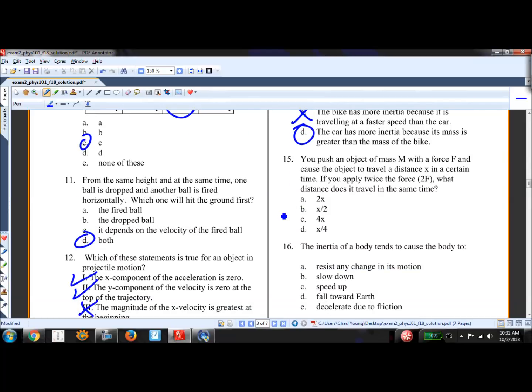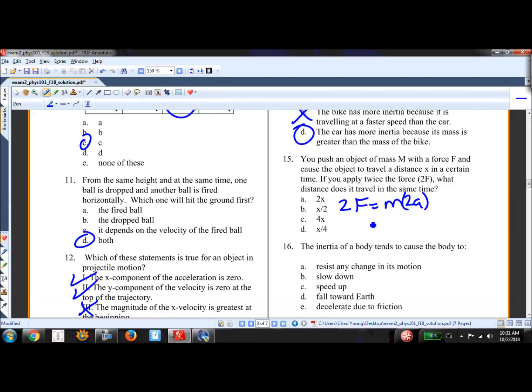You push an object of mass m with a force F and cause the object to travel distance x in a certain time. If you apply twice the force, what distance does it travel in the same time? I think this was also a tutor question. F is equal to ma. If I double the force, I double the acceleration if I keep the mass constant.